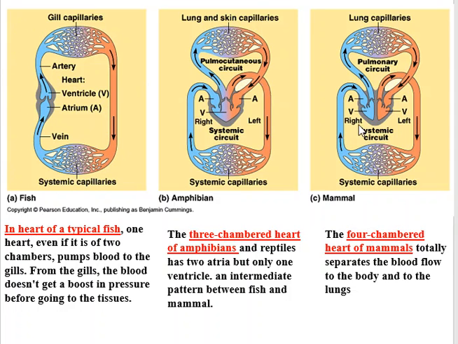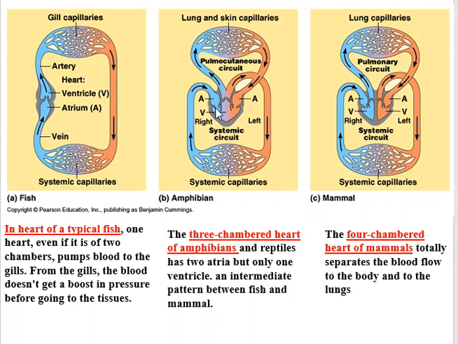Now, from the heart in fish to the heart in mammals, there is an intermediate form of heart, which is a three-chambered heart, typical of amphibians. As you see here, there are three chambers, and the problem with this heart is that it's definitely a good heart. It's better than a fish heart. There is some kind of separation between the two circulations of unoxygenated and oxygenated blood, but it's not a complete separation, and there is a little bit of mixture here.